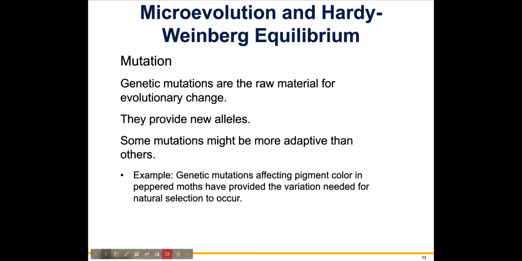So, for example, genetic mutations that affect the pigment in the peppered moth wings gave variation, and then we saw if you are able to hide better on the bark because you're a speckledy moth, well, then you're more likely to survive. So, again, I think M for middle finger, M for mutation.